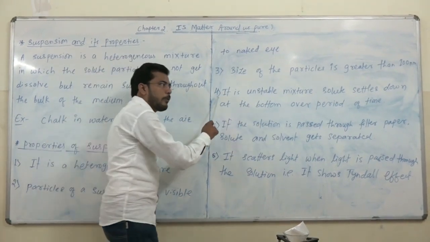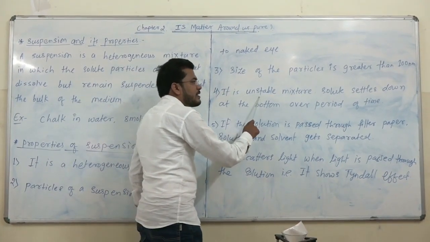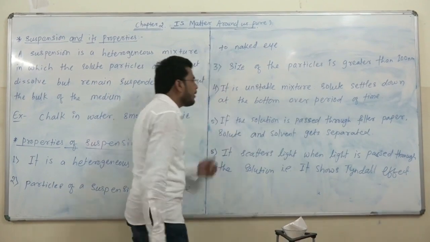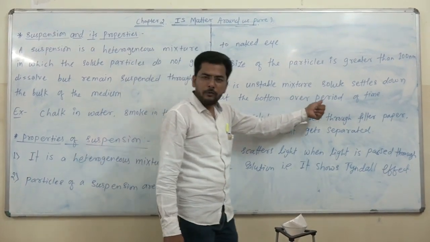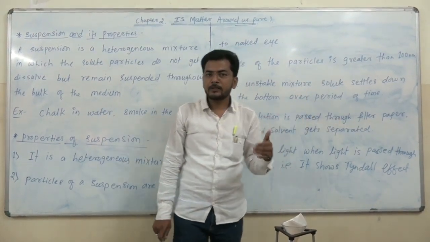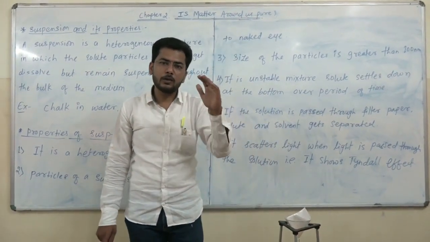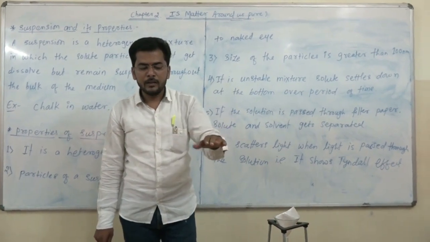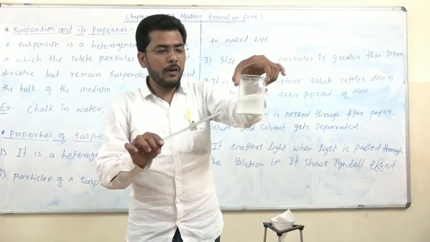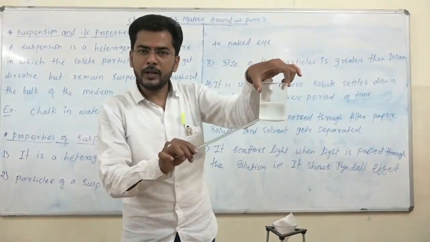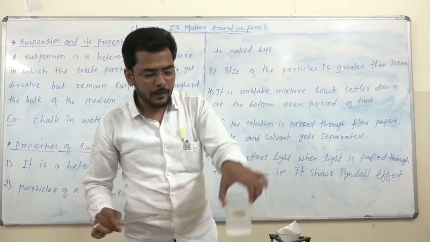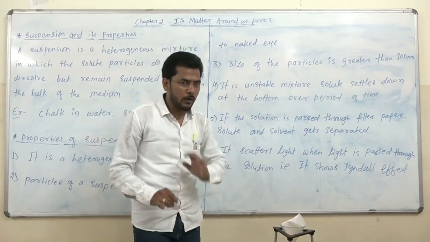Now the fourth property: it is an unstable mixture. The solute settles down at the bottom over a period of time. When we keep a suspension undisturbed for some time, the solute particles settle down at the bottom. But in the case of a solution, it does not happen.